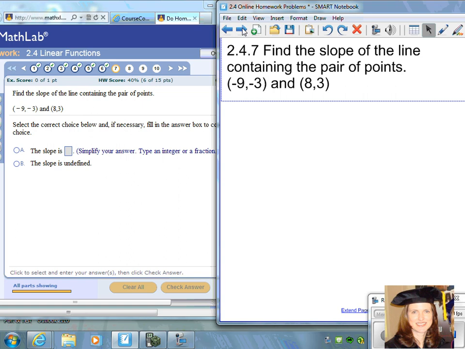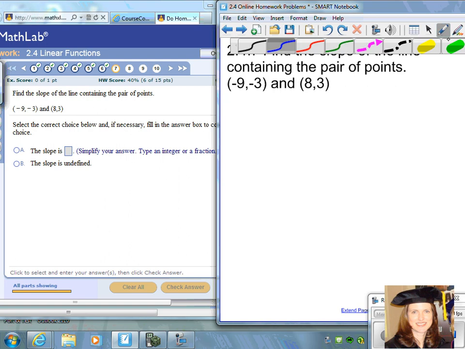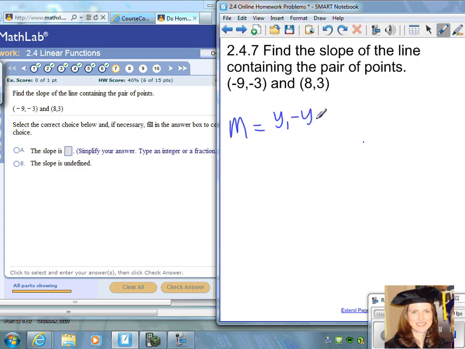You do need to know the slope formula to solve this. The slope formula is m equals y sub 1 minus y sub 2 divided by x sub 1 minus x sub 2. Now you can also see this written as y sub 2 minus y sub 1 over x sub 2 minus x sub 1.